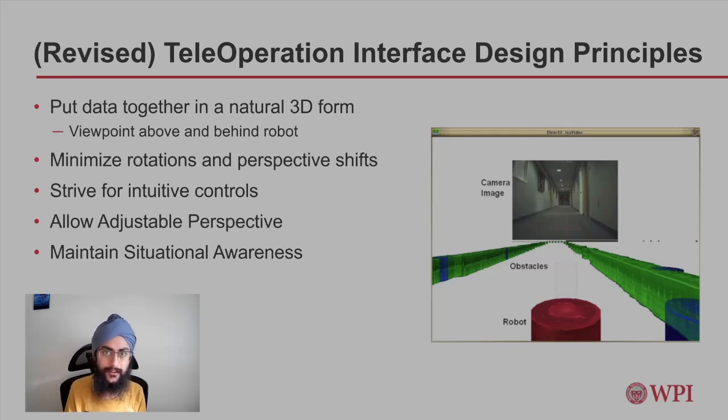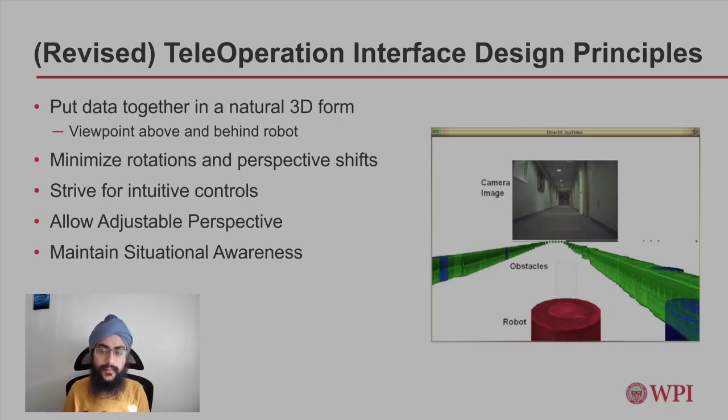And again, the 3D interface fixes this by being held above and behind the robot, so when the robot turns, the direction that you're pointing turns, so that forward means forward. So this is very helpful for making the controls intuitive.